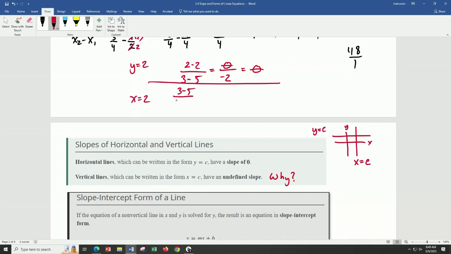But if I said x equals 2, then 2 minus 2, notice what happens. -2 divided by 0, and what can we never divide by? 0. And so therefore we get undefined whenever you have a straight up and down, vertical line. So anytime you have x is equal to c, some vertical line, you do not have a defined slope, okay?